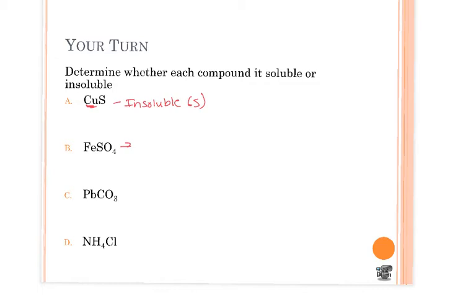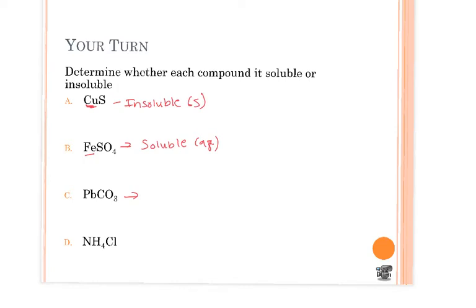Iron sulfate: sulfate is generally soluble, but it has some exceptions. However, iron is not one of those exceptions, so it's going to be soluble. Lead carbonate: carbonate is in our insoluble chart, so it's generally insoluble.